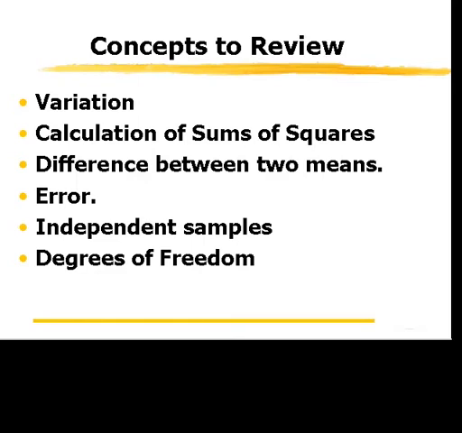And finally, just as we have had to with the chi-square and the t-test, we'll have to review the degrees of freedom, because the degrees of freedom are extremely important in choosing the critical value within the appropriate F distribution.